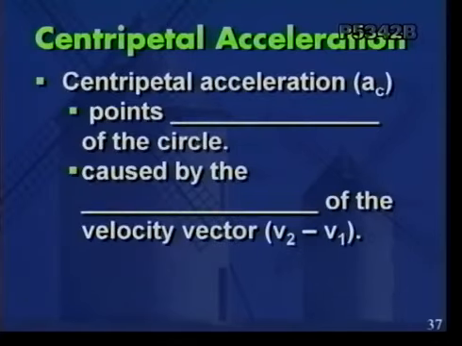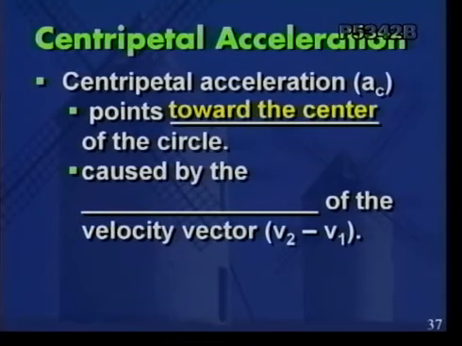That produces then a centripetal acceleration. Centripetal acceleration is abbreviated a, with a little c after it, and always points toward the center. Centripetal means toward the center. So centripetal acceleration is acceleration towards the center. It's changing its velocity, and it's changing it toward the center.